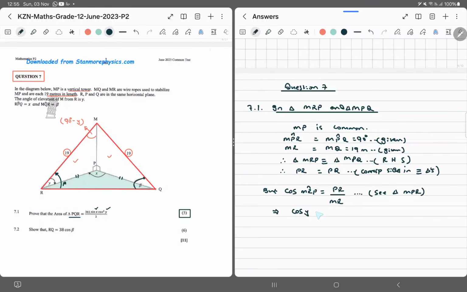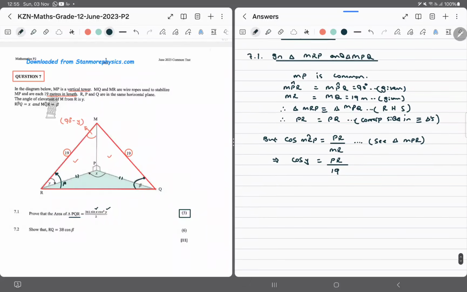So cos of y equals PR, which is what we want, divided by MR, which is 19. So when we cross multiply, PR gives us 19 cos y.